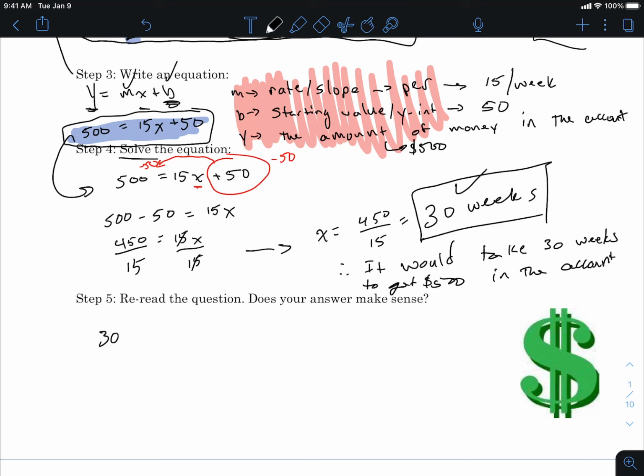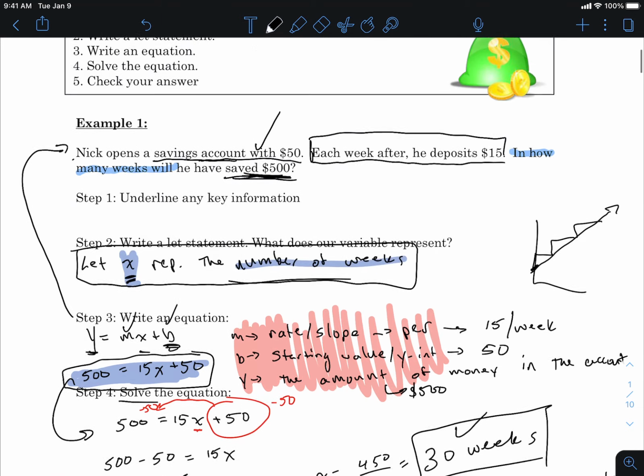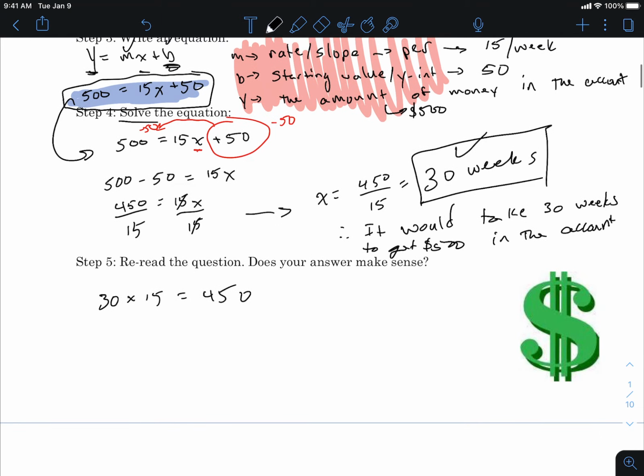So if you put $15 away for 30 weeks, you're going to multiply by 15. That should be 450, right? But that's not quite 500, but don't forget when Nick opened the account, he put $50 in there, right? So that gave him the $500. So then you know you're right.